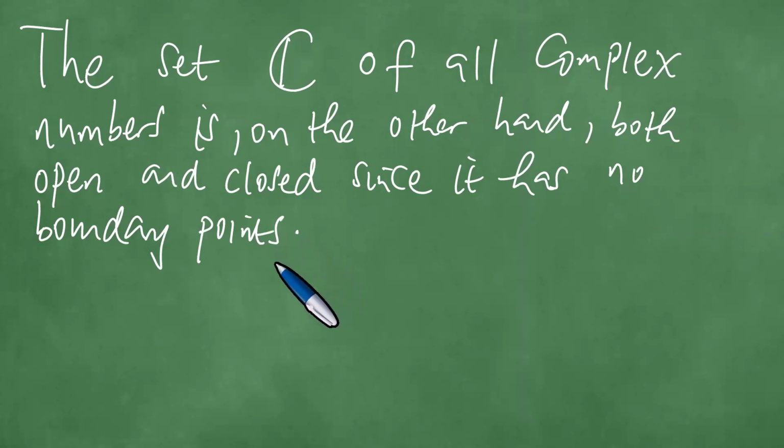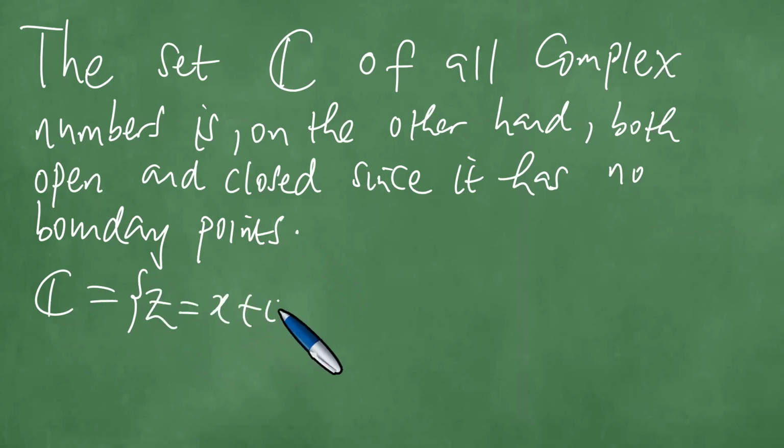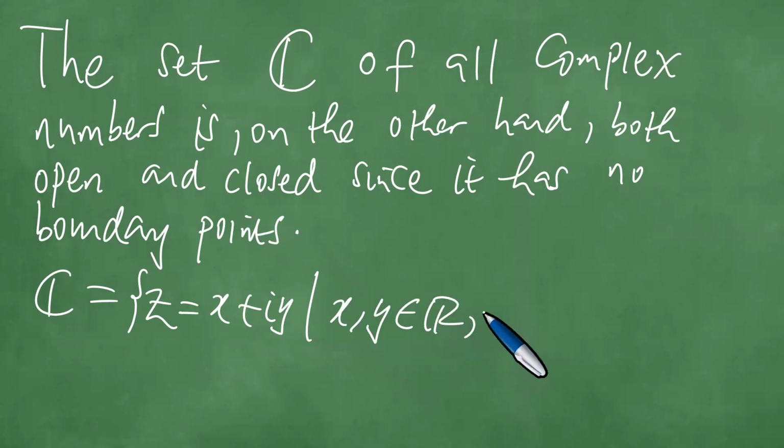The set C of all complex numbers. Complex numbers means that it contains all z that are x plus iy, such that the x and the y are real, but i, by definition, is the square root of -1. This set of all complex numbers is, on the other hand, both open and closed.